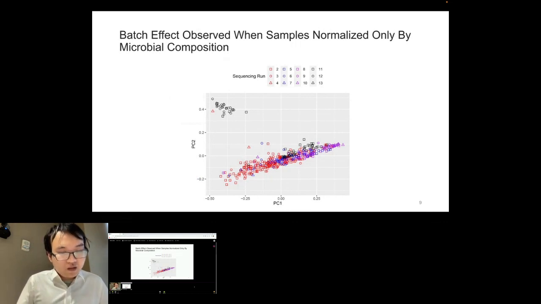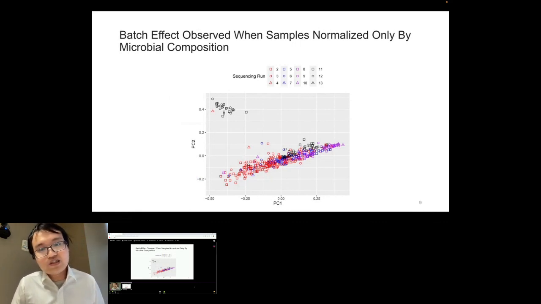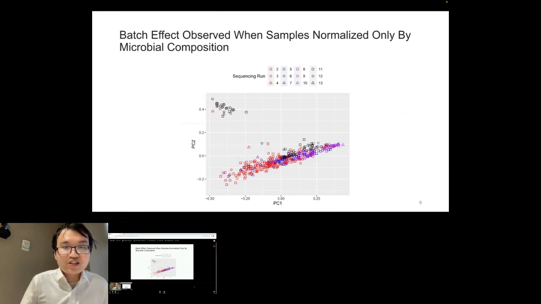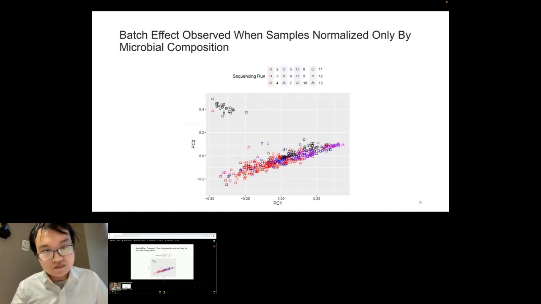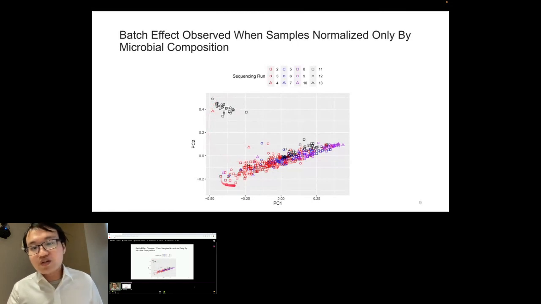Using the relative abundance of genus reads in each sample, that is, when we normalize the genera reads based on only microbial compositions, we observe some batch effect, as samples within each sequencing run seem to cluster closely together.